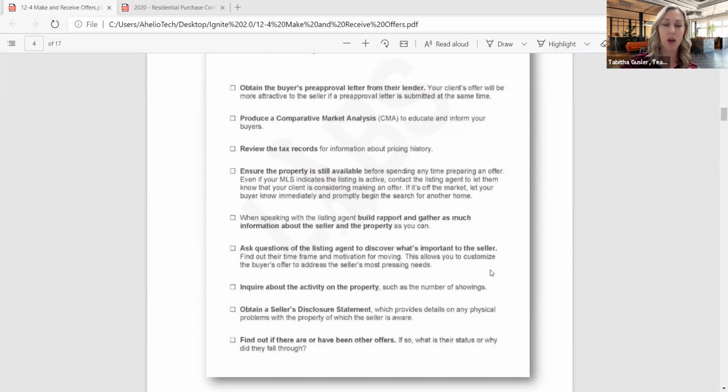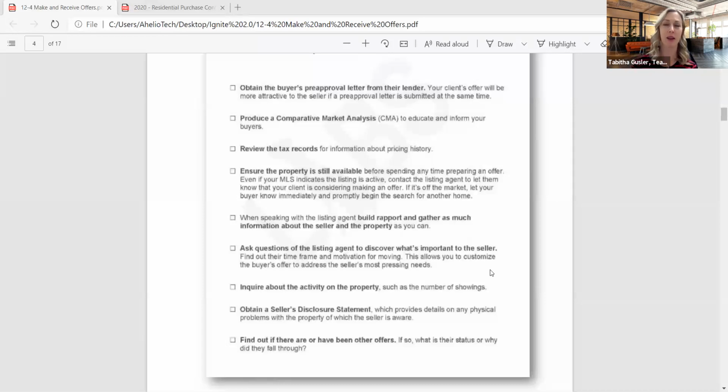I also like to review tax records because that's how I fill in my offer with seller information. As a listing agent, I love complete offers that have everything I could possibly need already in there, and it could be very easy. If my client's willing to accept terms, I can just throw down a signature. Right?